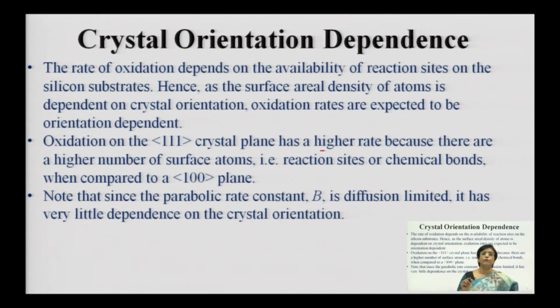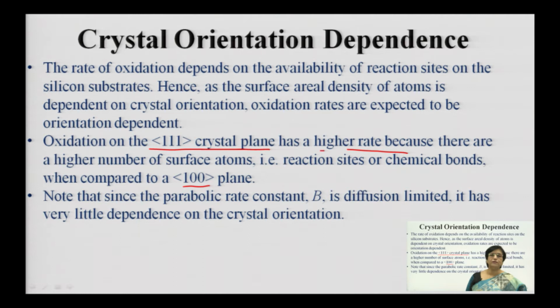Since the 111 crystal has more atoms on the surface, there are naturally more atoms to react, and therefore the oxidation rate will be higher as compared to the 100 plane. The rate of oxidation is heavily dependent on the orientation of the crystal or the wafer surface you select.